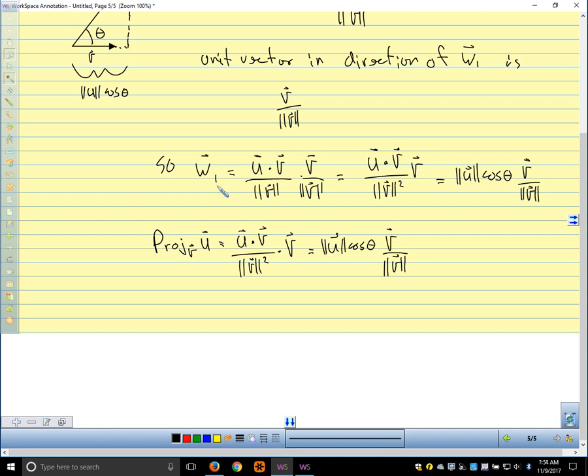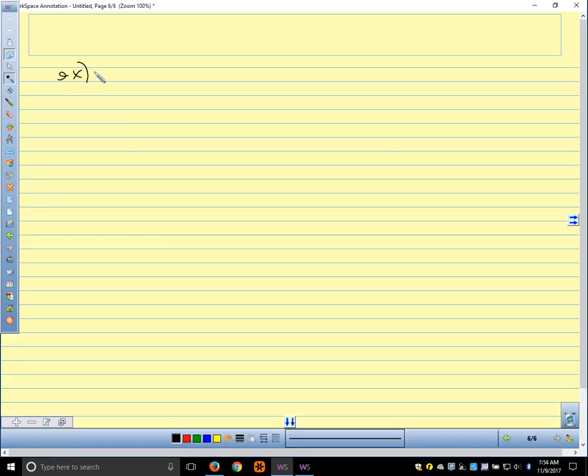All right, I just want to go through a quick example of calculating these vector components, and then we'll be done with dot products. I'm going to use A and B just to keep my notation a little cleaner, because my U's and B's tend to look the same.